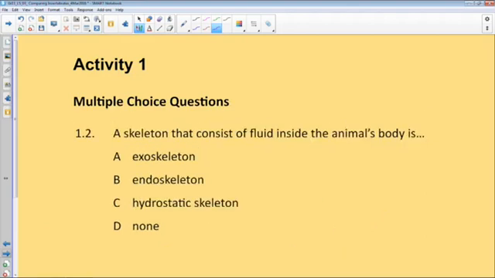1.2. A skeleton that consists of fluid inside the animal's body is referred to as what? So guys, remember we looked at endoskeletons, exoskeletons, and obviously hydrostatic skeletons. We know that organisms with an external outer covering, and we see this in arthropods, have an exoskeleton. We and other vertebrates have an endoskeleton. So humans have an endoskeleton, and that's found internally.